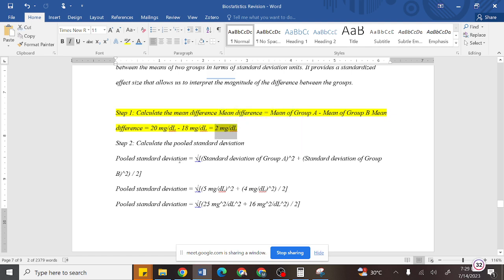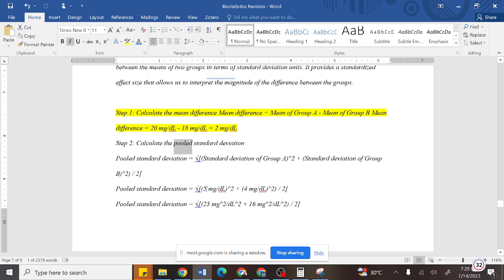The next step is to calculate what we call the pooled standard deviation. The pooled standard deviation, just like the word pooled, means that you have put the standard deviations together. So the standard deviation of group A plus the standard deviation of group B. But for each of these, you're going to have to square them.